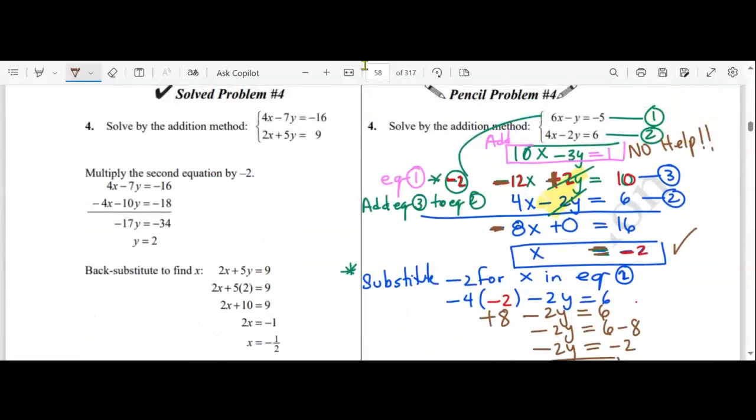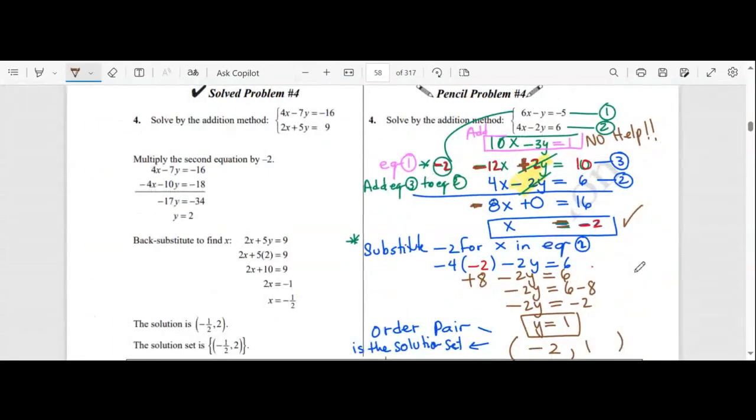I want you to double check just to make sure that the number is correct.